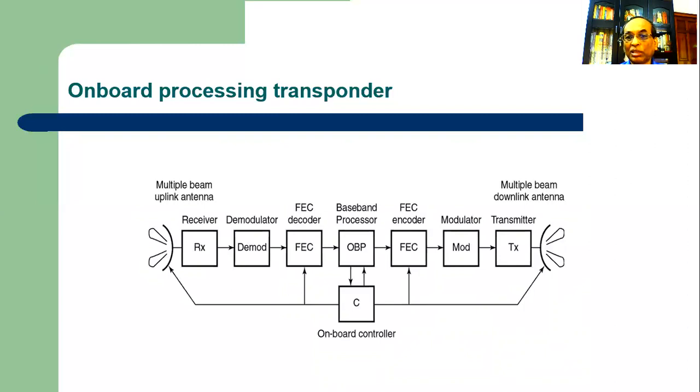and that will transmit the signal through the uplink and downlink antenna, and the adjustment of the antenna is also carried out by this. This is the onboard processing transponder. So everything is done by gaining the information of the satellite.